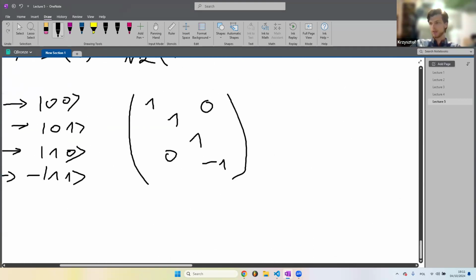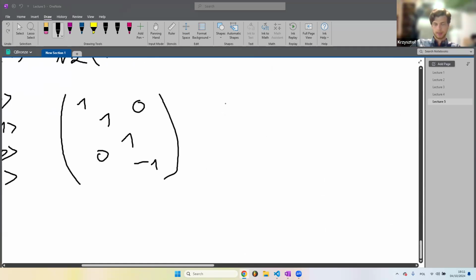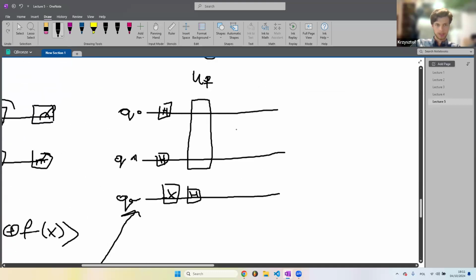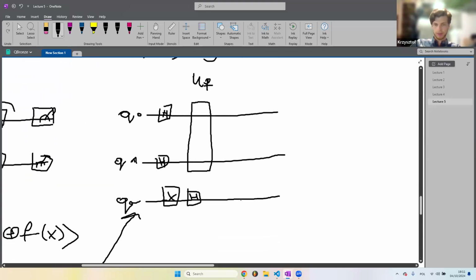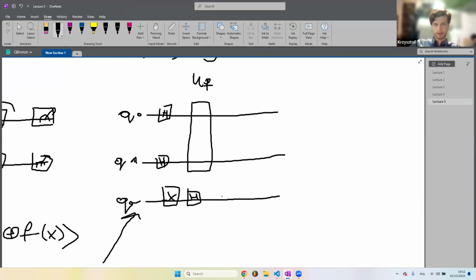But in the case of the notebooks, this will be implemented as applying the phase kickback algorithm. So we will then have, maybe I'll write this in this circuit form. So we apply our phase kickback algorithm.